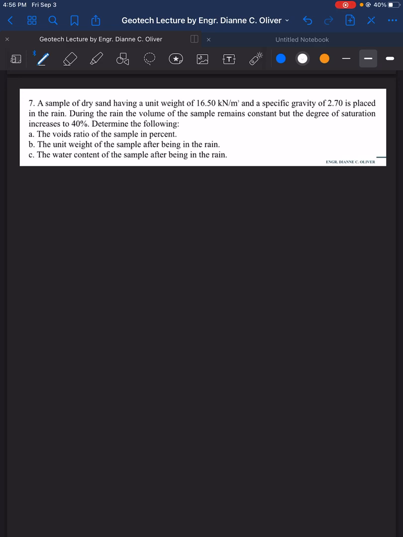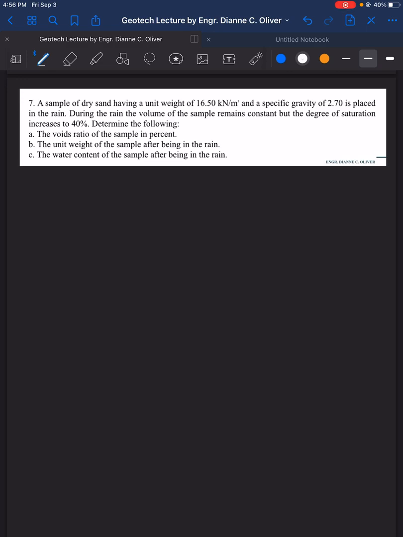During the rain, the volume of the sample remains constant. Now, pause right there. Why does it remain constant? It's because the sample is sand. The soil sample that tends to expand when soaked with water is the clay, because the clay absorbs water and expands.